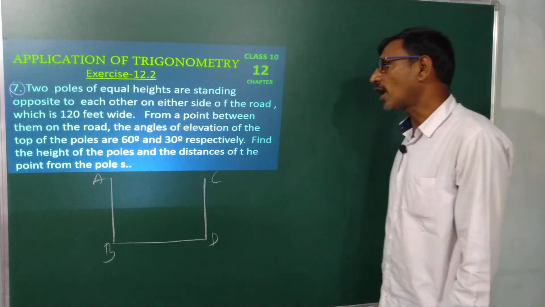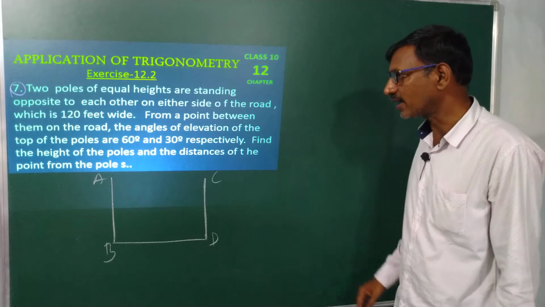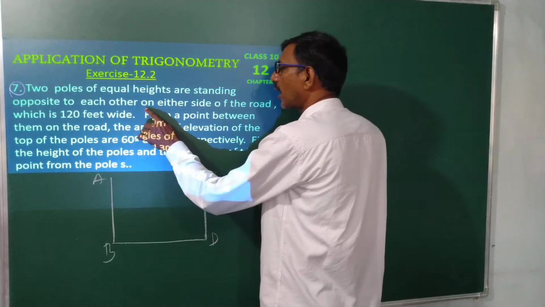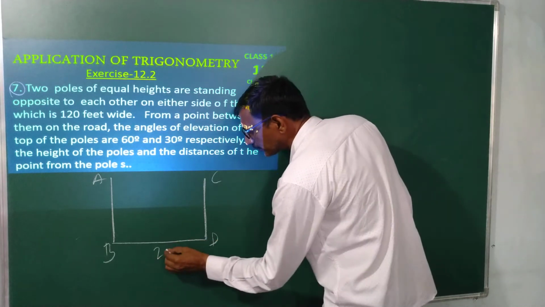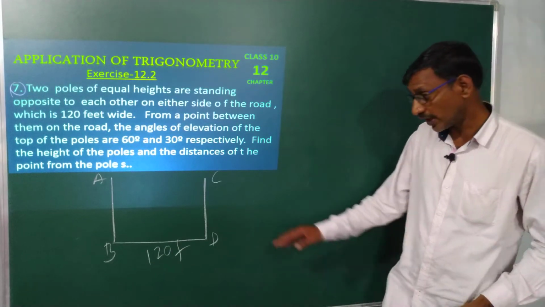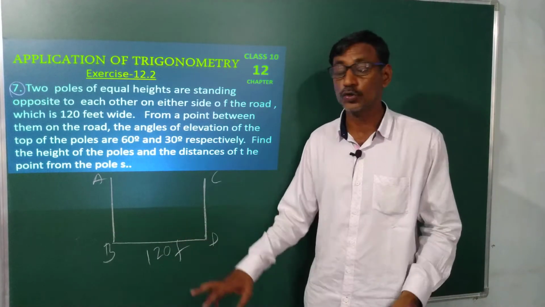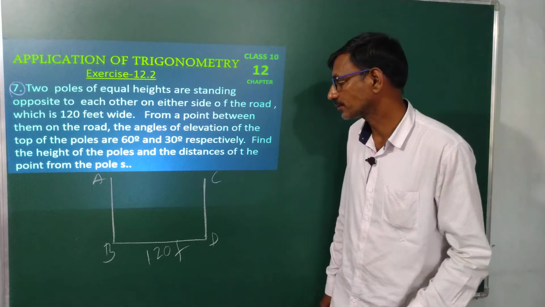Two poles of equal heights are standing opposite to each other on either side of the road, which is 120 feet wide. The distance between the two poles is 120 feet.